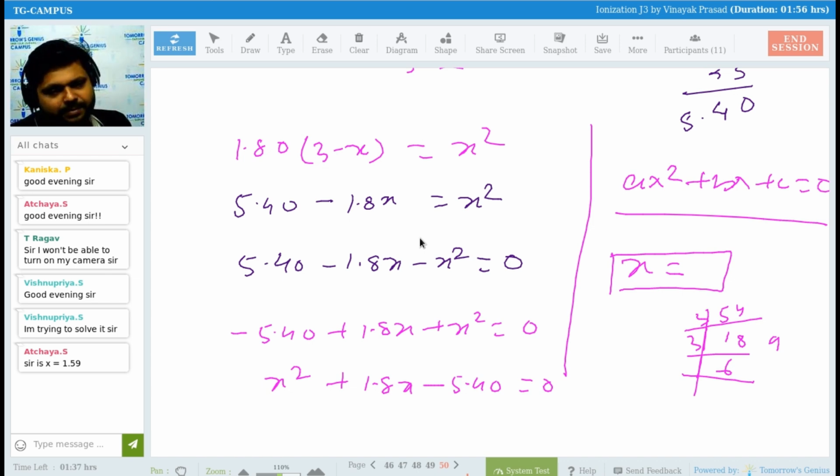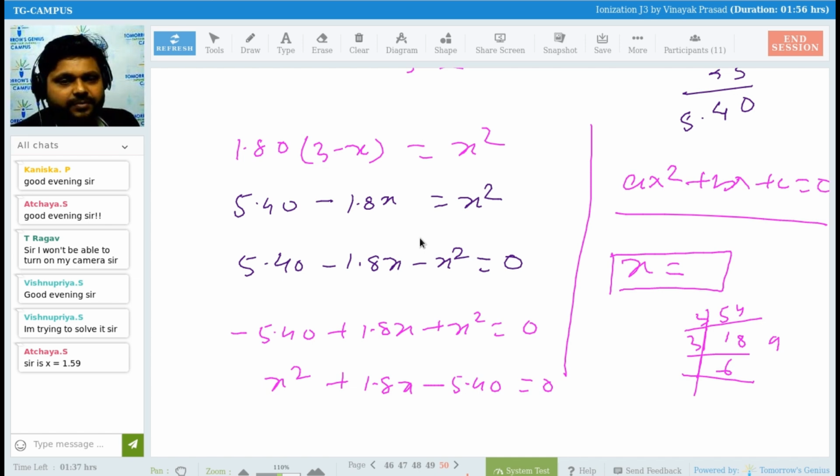Now you have to solve the mathematics part only. You have to tell me what will be the formula for this, like what will be the right answer for this x? Once you get x, you will be able to know the value of the concentration that has been asked here.